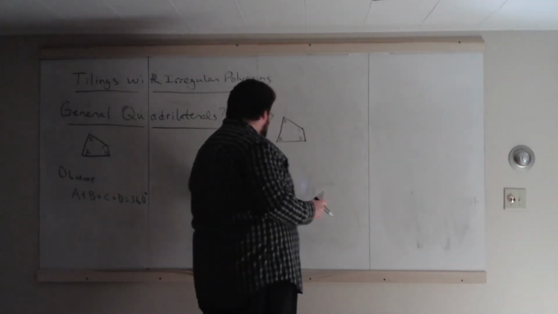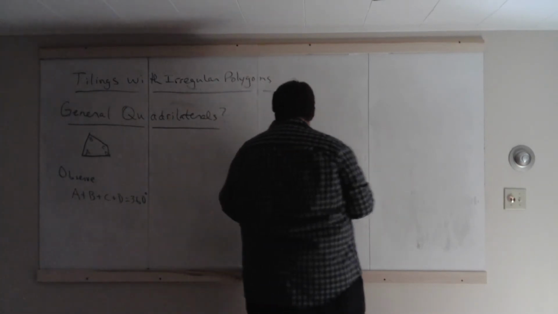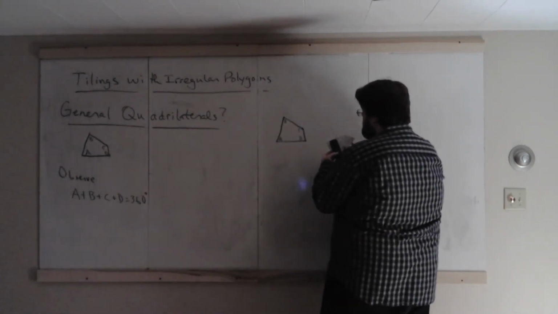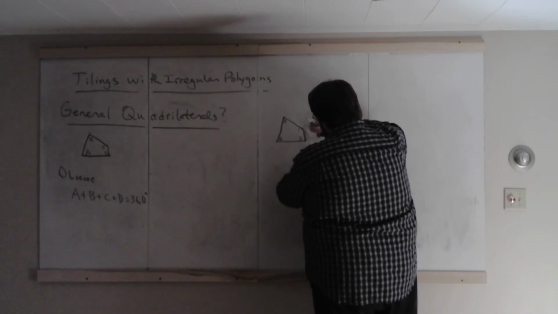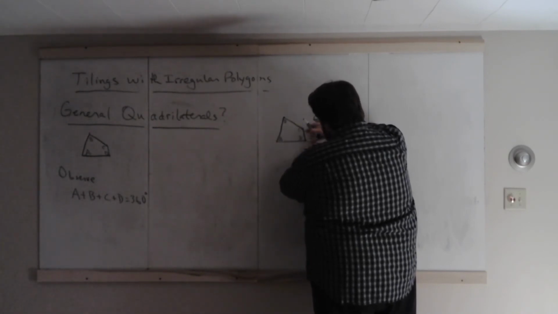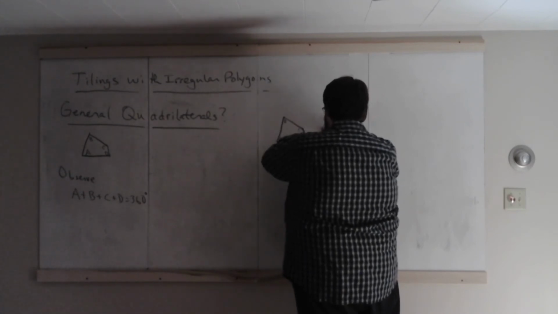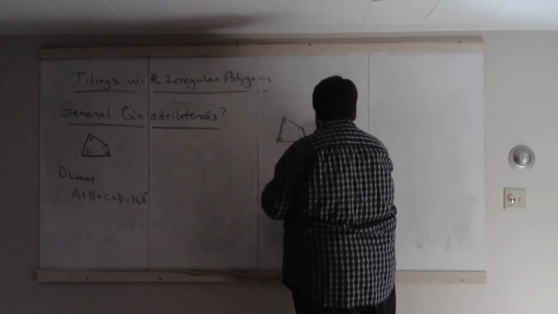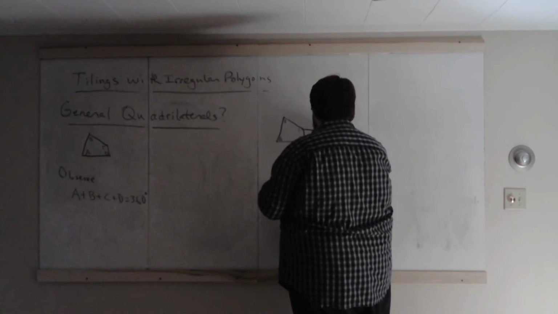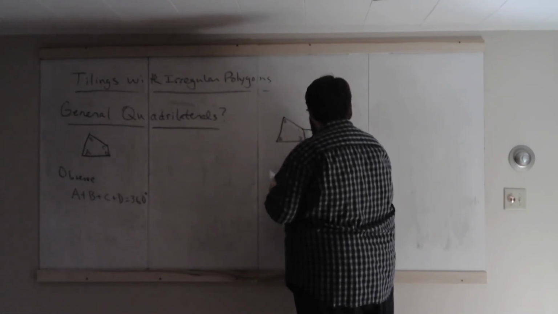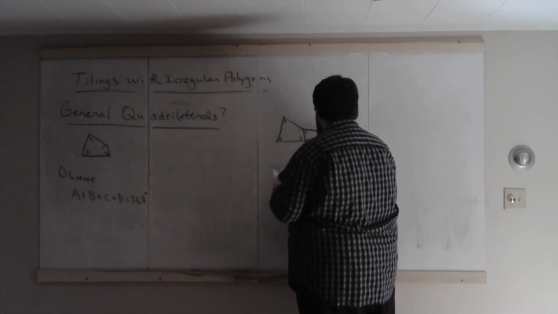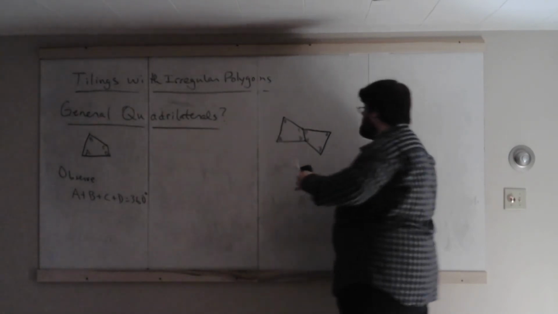So let's work in this direction. Right here we have side CD, so I'm going to flip it around like this and put angle D up here. So now we have D, C, A, B.